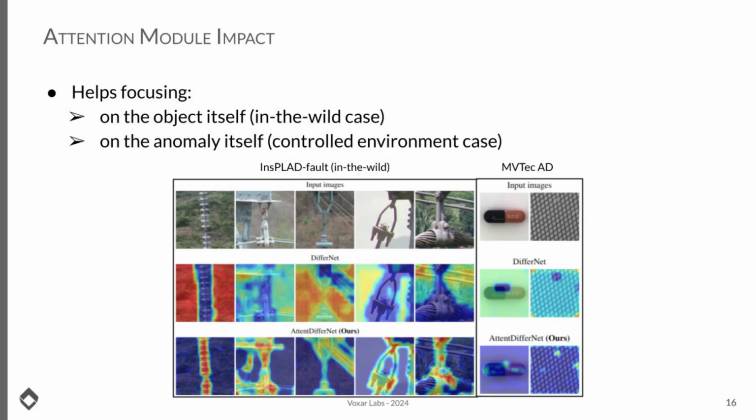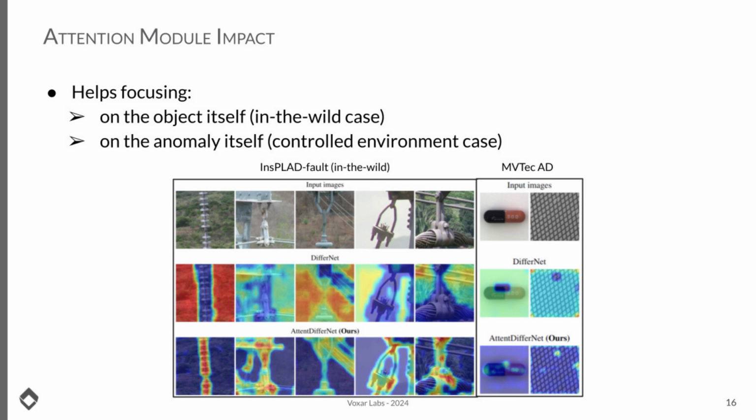For the qualitative analysis, we see here images from two datasets. We use the GradCam tool to extract the gradient activation maps. In the second row, the DifferNet row, we see the gradient activation maps of the model in the last layers of the model. We can see that for DifferNet, the feature extraction step is a bit confusing. It's not able to focus very well on the objects of interest, and also in the second dataset, MVTec, it has some confusion.